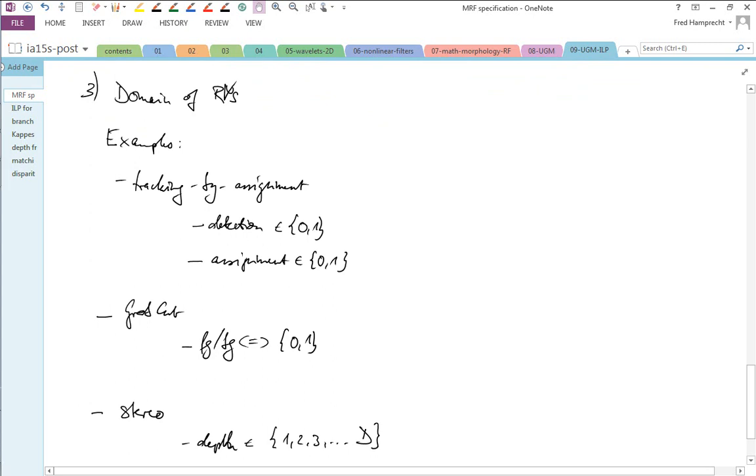Okay. Let's say the domain of random variables. I could also say that I want to specify the distribution of these random variables, but actually the distribution, I will encode this in the factor.